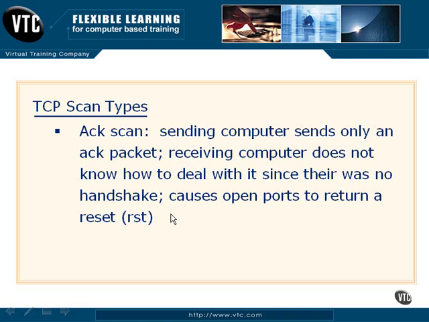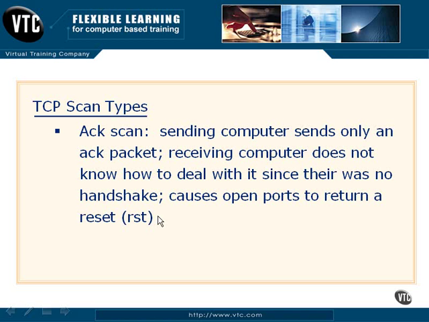So we're going to be looking for those reset packets to come back on open ports. And by doing that, we can identify what systems are running on the remote system. And when we receive those resets back, that lets us know that that port or service is unfiltered between point A and point B, which is where a firewall would usually reside.